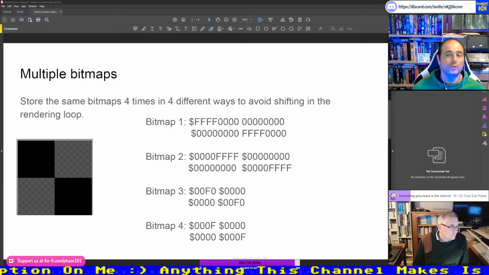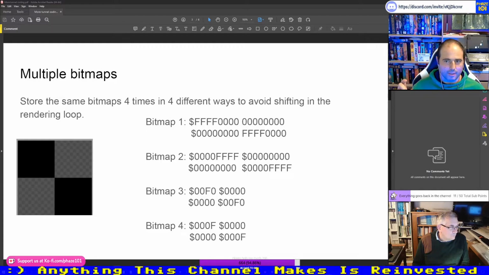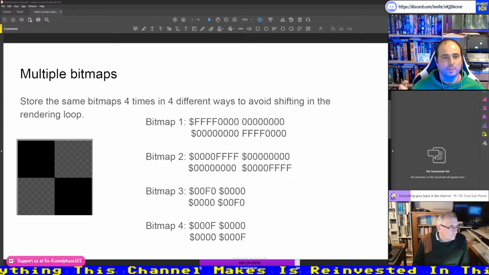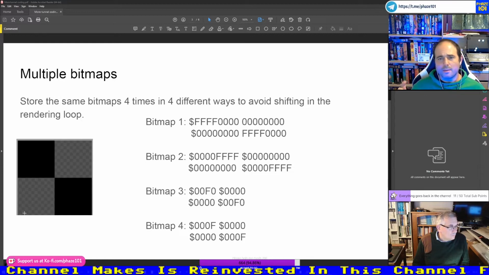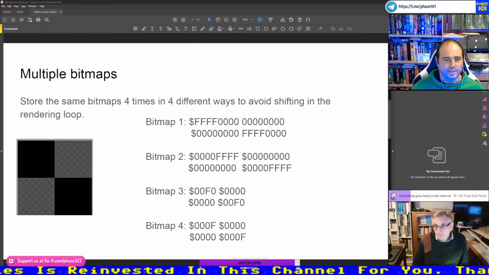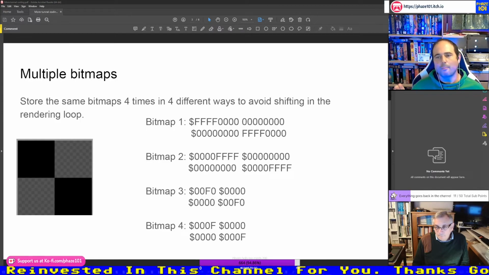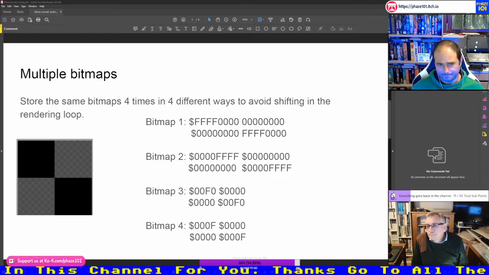So before loading the loop, I create 4 different bitmaps, and the bitmap is constructed like this. This is just a dummy example in order to make a very simple example.